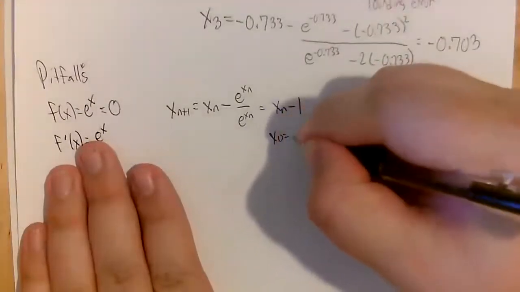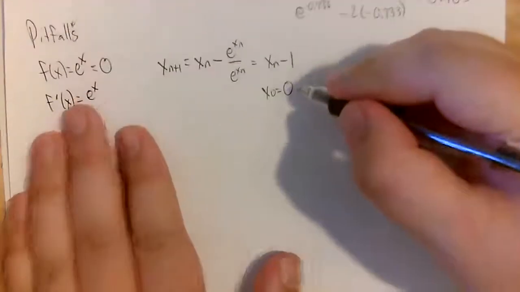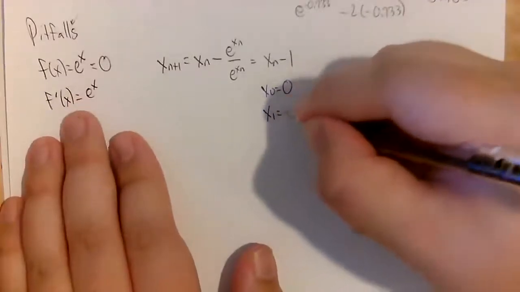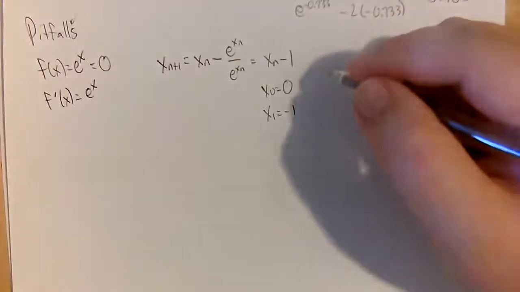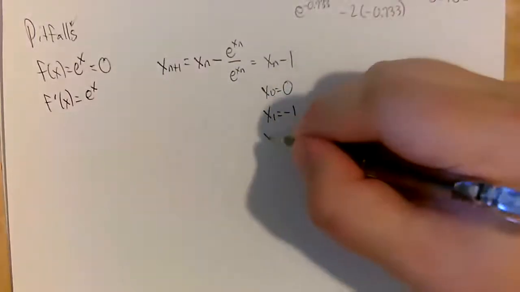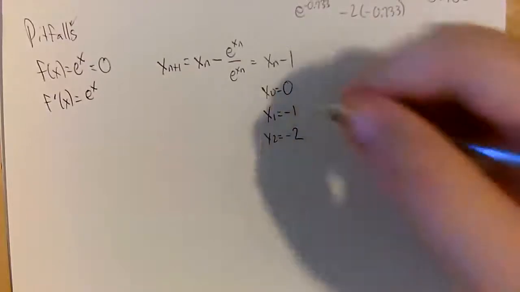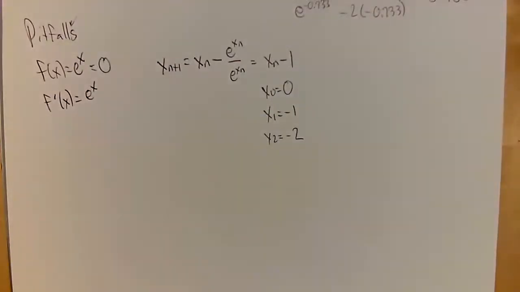So for example, if we guessed our initial root was 0, we would plug that in here, subtract 1, and x1 would be negative 1. We would do the same thing again to get x2, which would be negative 2. Now, this isn't converging to a particular number. This is just stepping backwards by 1, and it's going to do this forever.